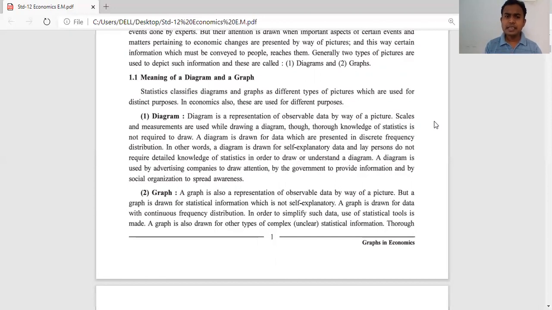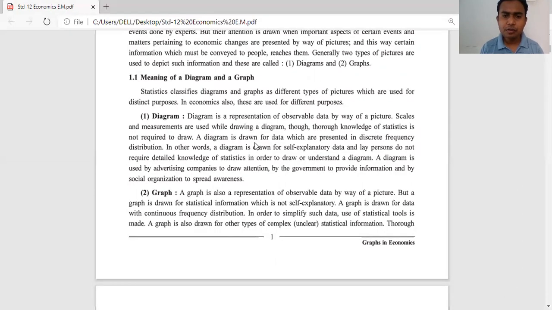But we use some scales and measurements. We follow some measurements to draw the diagram, but knowledge of statistics is not required. A person who doesn't have knowledge of statistics or statistical tools, it doesn't matter. A simple person, a layman, can also draw a diagram to give the information.